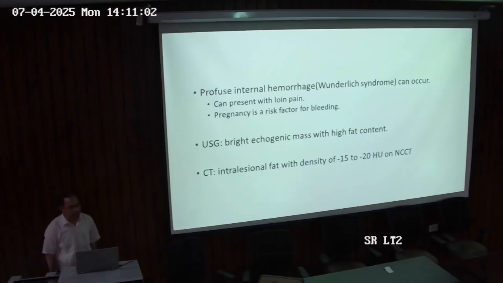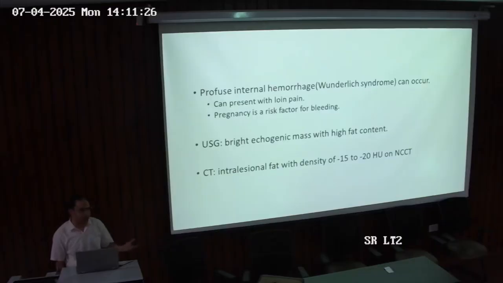On USG, the AML shows a bright echogenic mass with high fat content. CT shows intralesional fat density with -15 to -20 Hounsfield units. You know the Hounsfield unit of fat is negative. Because of the fat content, the Hounsfield unit is -15 to -20.